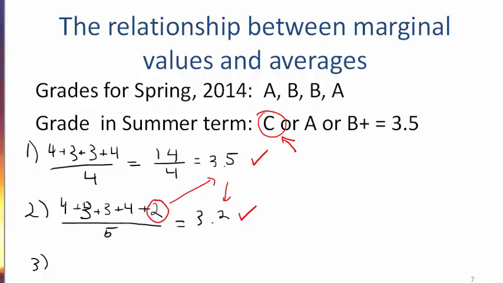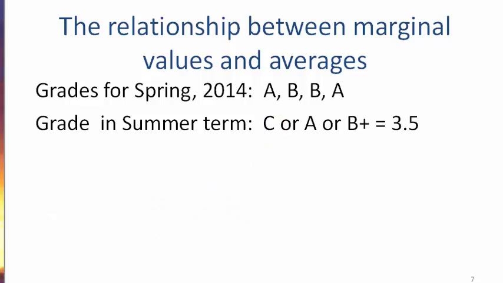So now let's do the next example, and see what I get. I start off again, step 1, with that same 3.5 to begin with.